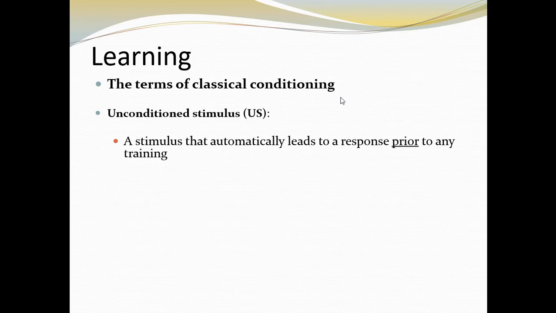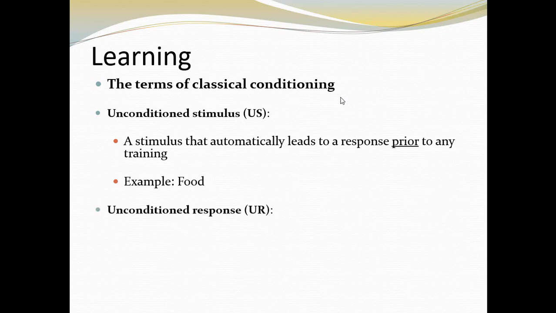These are those stimuli that Pavlov referred to as naturally occurring stimuli that will automatically, without any learning, elicit a particular response. Food is a good example here, right? Food naturally elicits this salivary response.